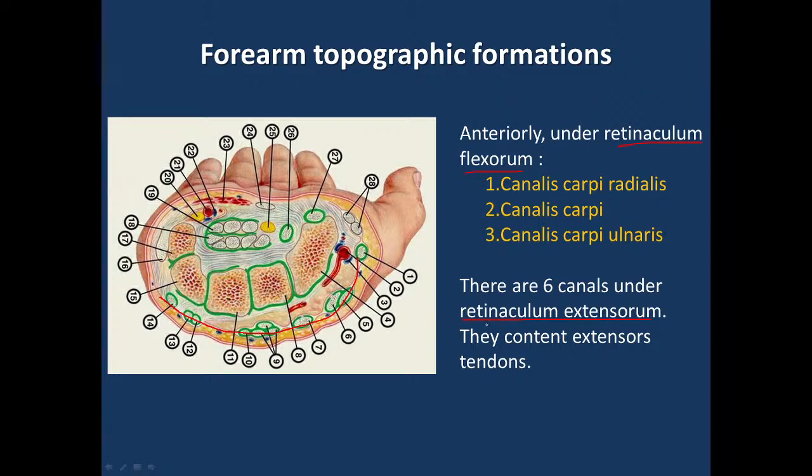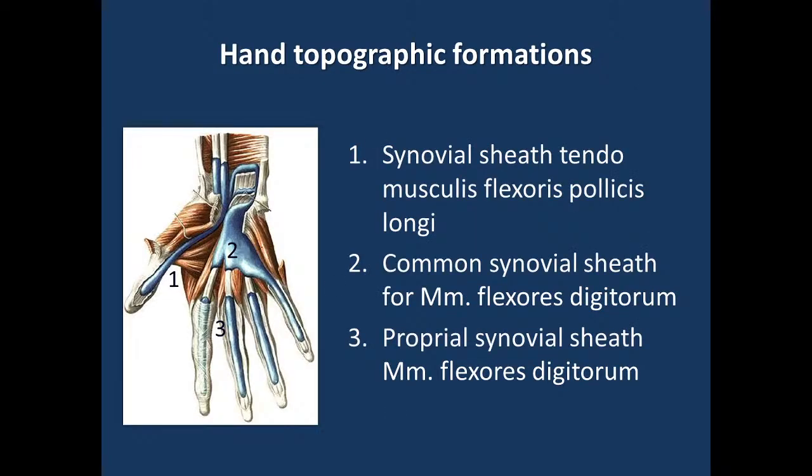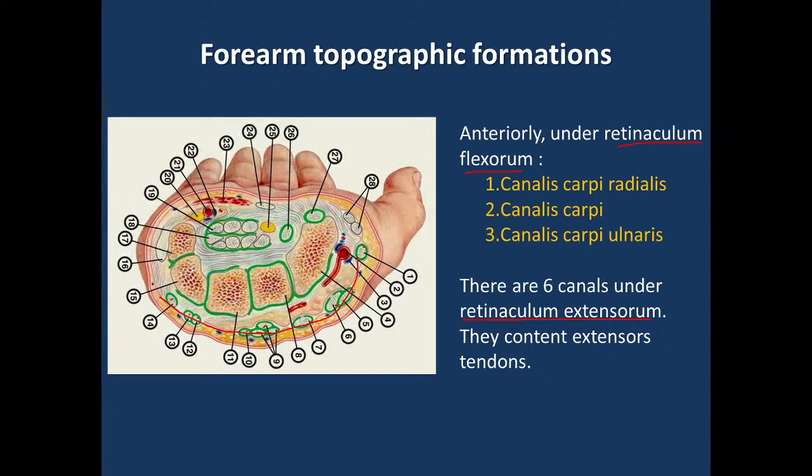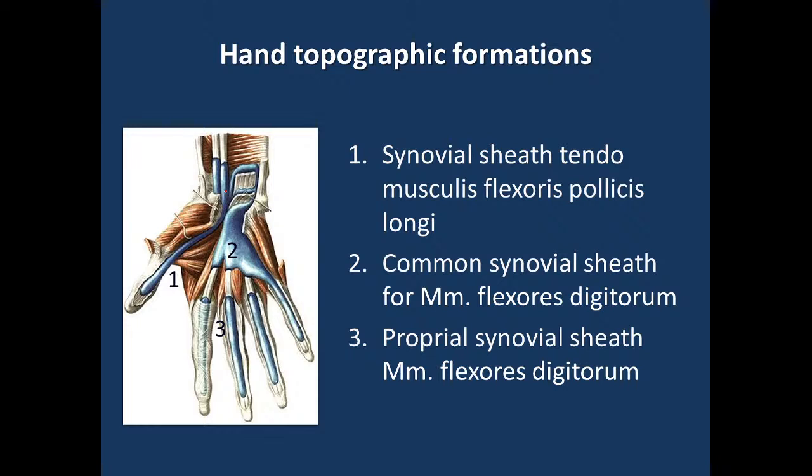Under this anatomical structure, we see a lot of tendons of muscles located dorsally, on the dorsal surface, and this group of tendons has special synovial sheaths anteriorly and posteriorly.